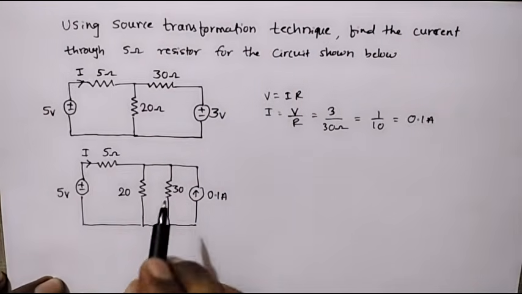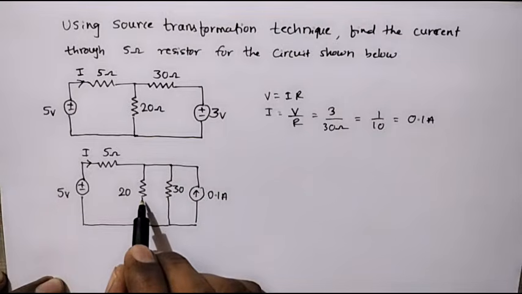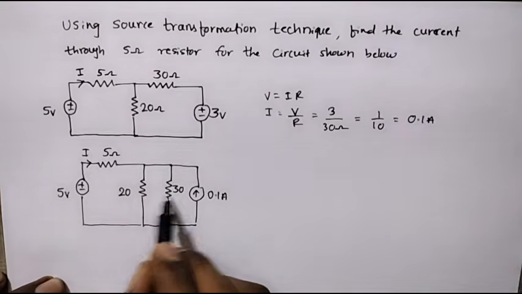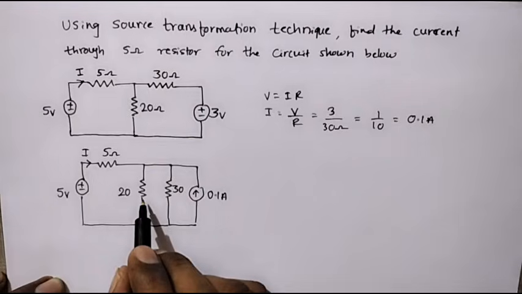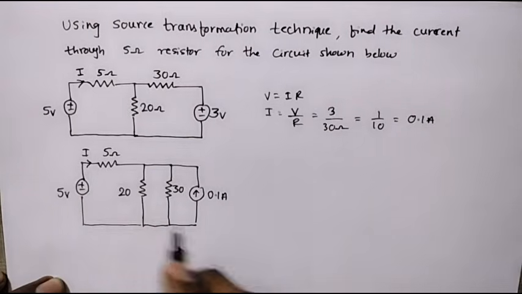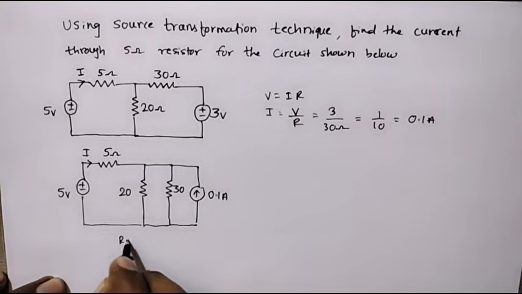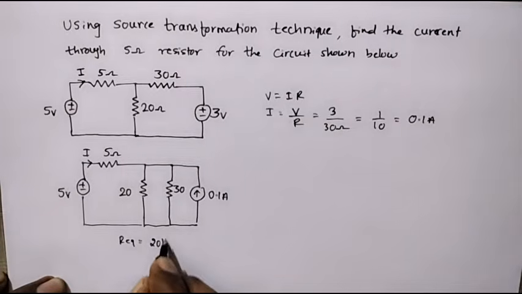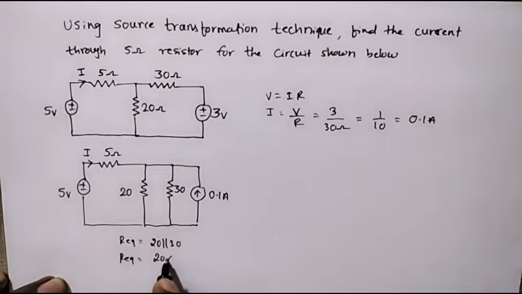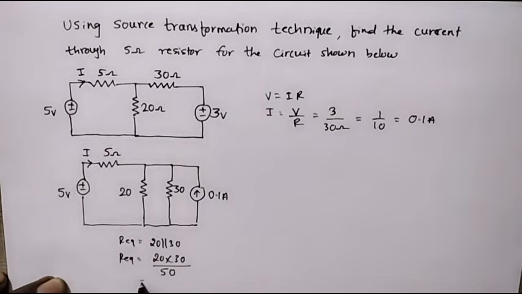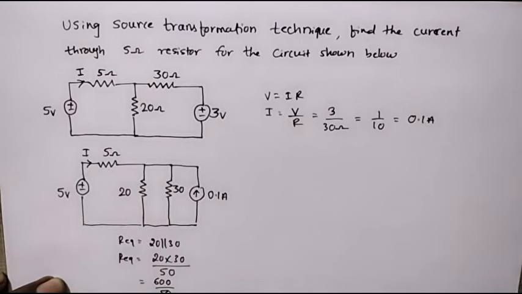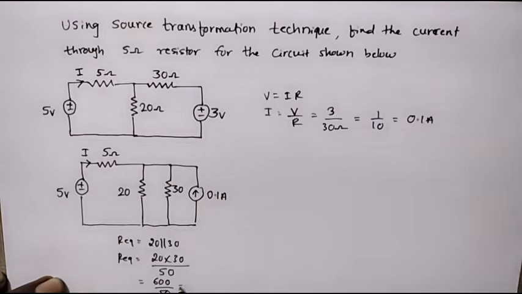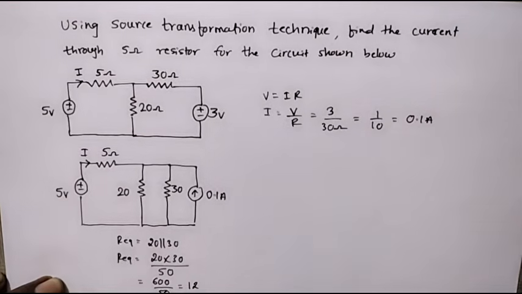Now we can observe that the 30 ohm resistor and 20 ohm resistor are in parallel. I can replace these two resistors by a single resistor of equivalent value, that is R equivalent equal to 20 parallel with 30. So R equivalent equals 20 into 30 divided by 50, that is 20 plus 30, which is 600 by 50, which is equal to 12.